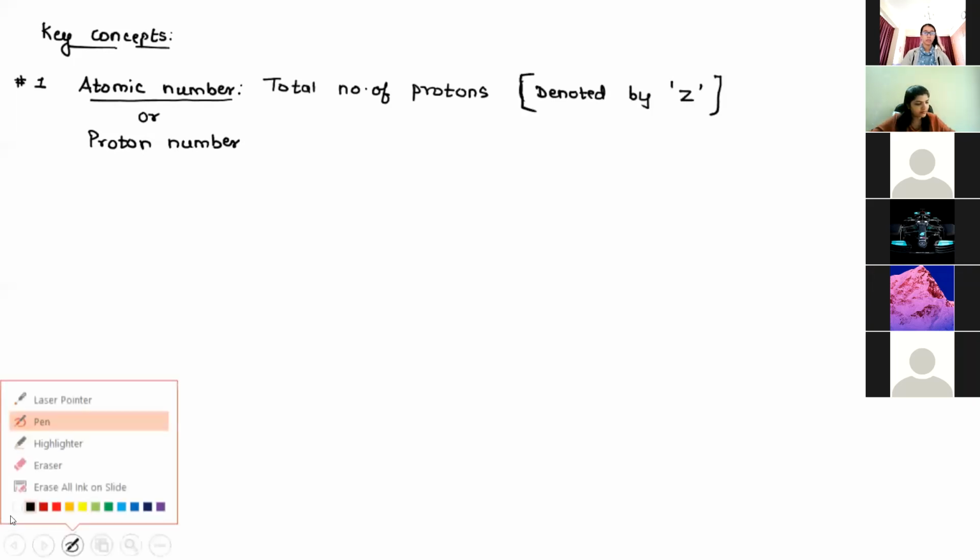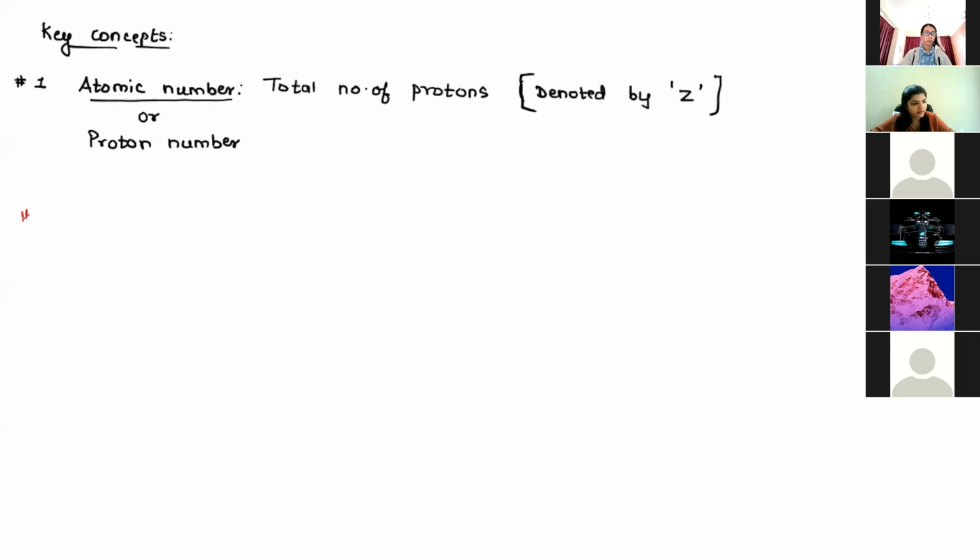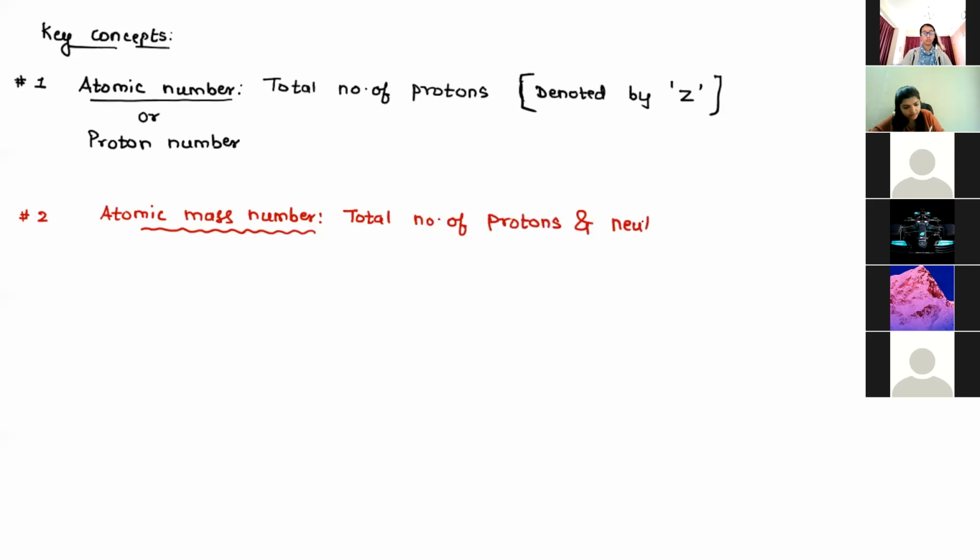The second key concept is atomic mass number. Atomic mass number is the total number of protons and neutrons together. Where are protons and neutrons present in an atom?